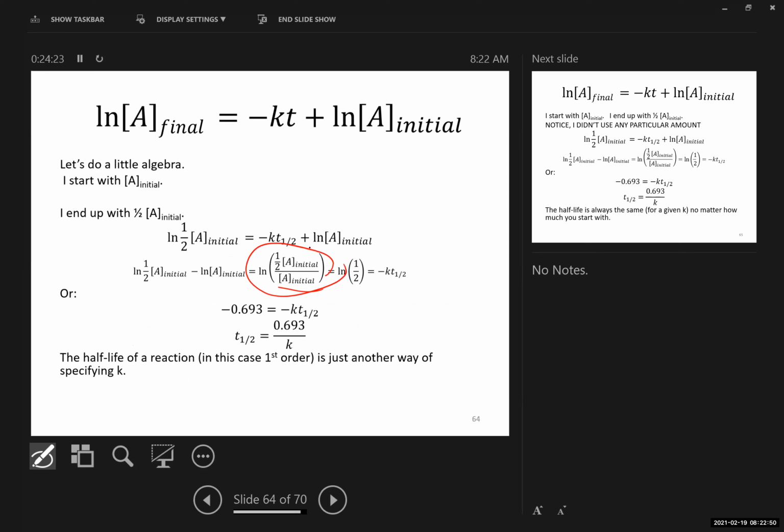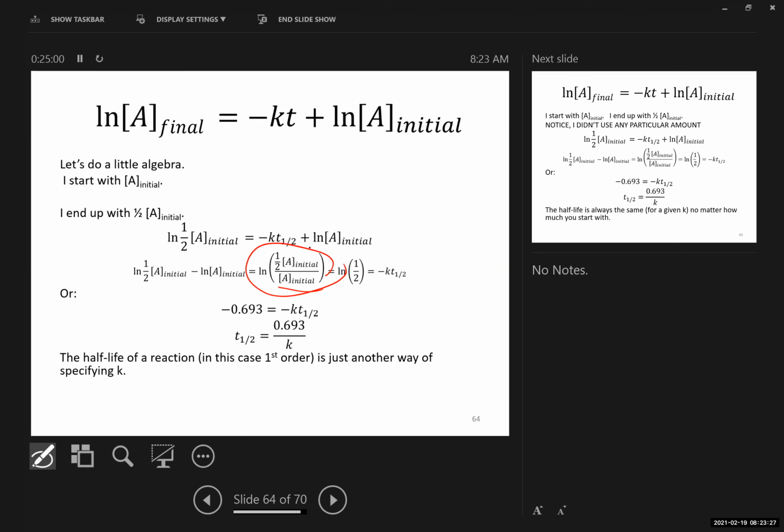There's a 90% life, to see how long it takes for 90% to be left. There's a 10% life. For historical reasons, mostly related to radioactivity, people frequently refer to the half-life, which is technically the time it takes for half of whatever you start with to react.